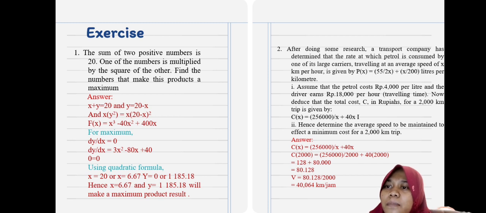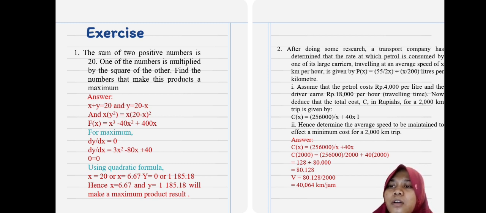2. After doing some research, a transport company has determined that the rate at which petrol is consumed by one of its large carriers, traveling at an average speed of x km per hour, is given by P(x) equals 55 over 2x plus x over 2000 liters per kilometer. 1.